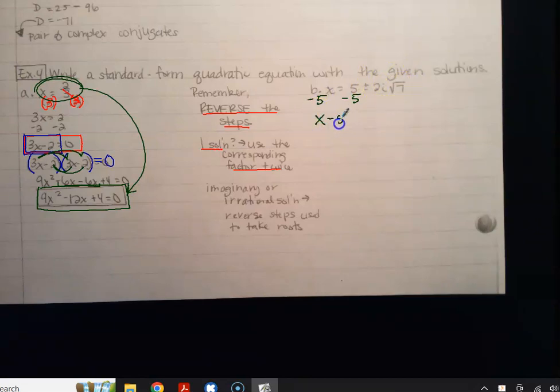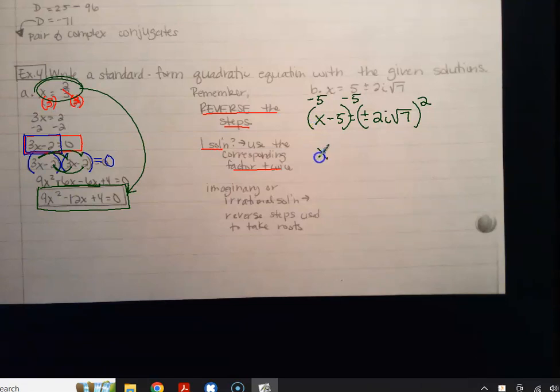So x minus 5 equals plus or minus 2i times the square root of 7. We've got our radical term there. Now we need to square it, right? That's how we get rid of it. So let's take this part and square it, and we're going to take this part and square it.